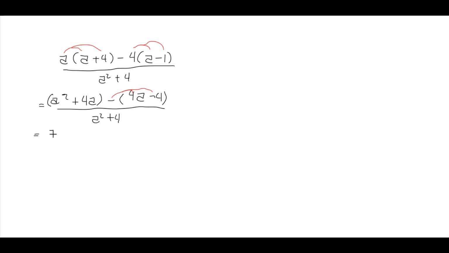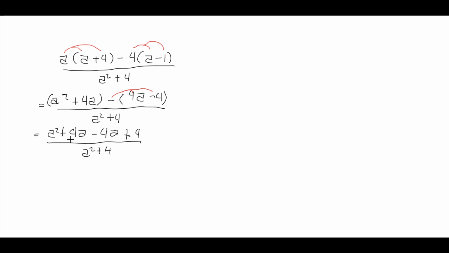Let's copy a squared plus 4a. Then negative times positive 4a gets negative 4a. Then negative times negative 4 gets positive 4, since we multiply two negative signs, and copy again the a squared plus 4.